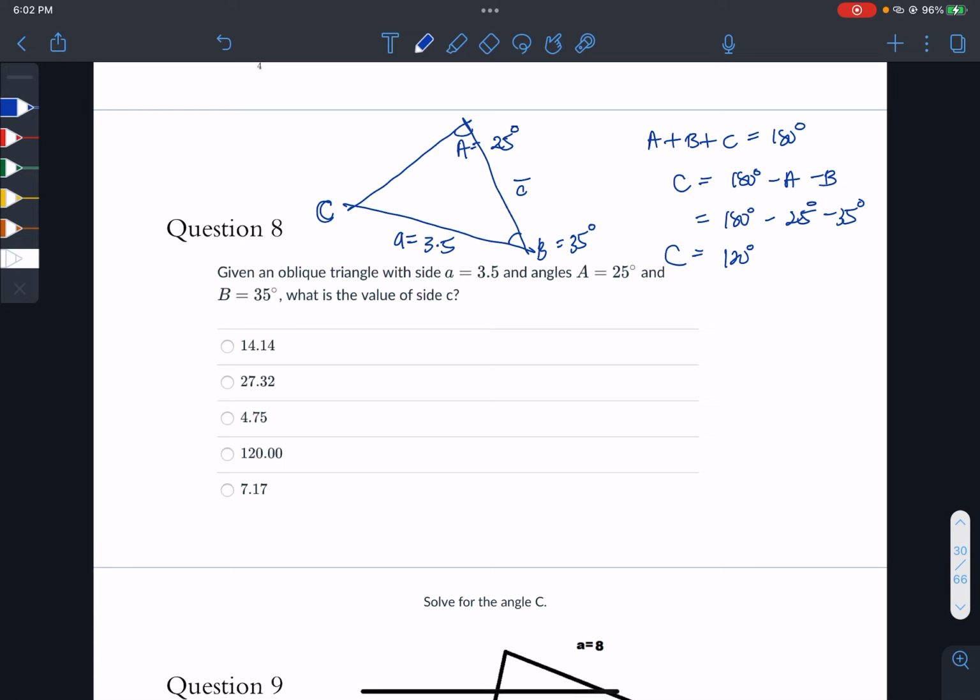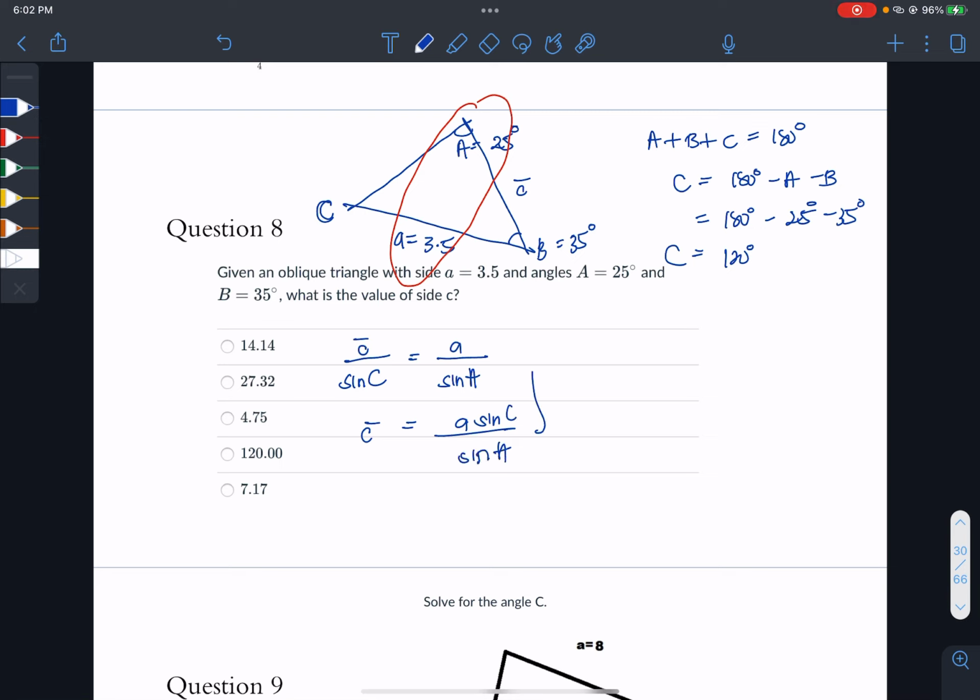Since we already have a pair, right? As I said, as long as there is a given pair, you can already use the law of sines. Since we are looking for side C, C comes first. So C over sine C is equal to side A over sine A. So C would be equivalent to A sine C all over sine A. Our A is 3.5, our C we got, which is 120, all over sine 25.